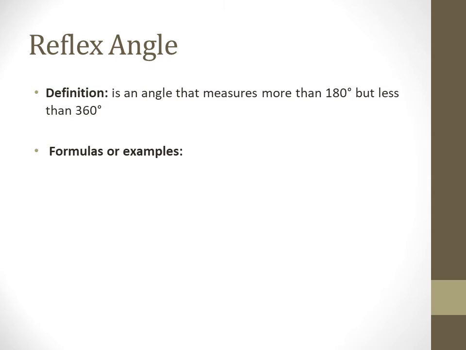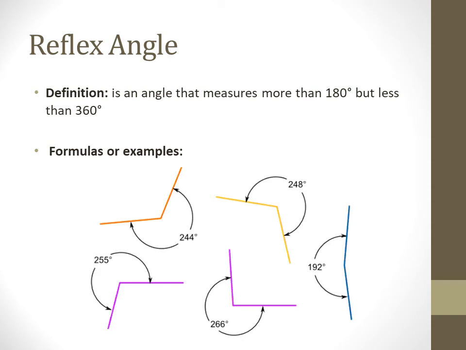Now, once we move beyond 180 degrees, we get a reflex angle. A reflex angle is an angle that measures more than 180 degrees, but less than 360 degrees, less than a full circle. All right? So here we've got a bunch. Again, you don't have to write all of these down.